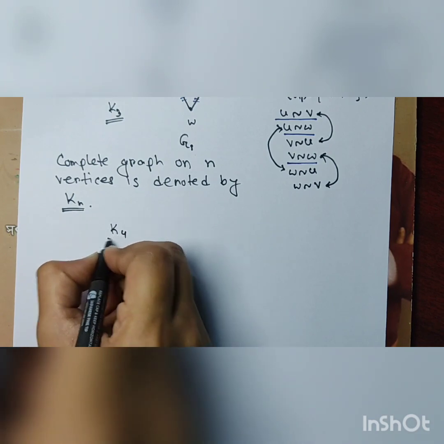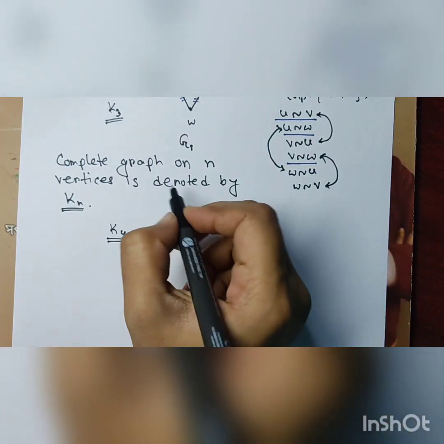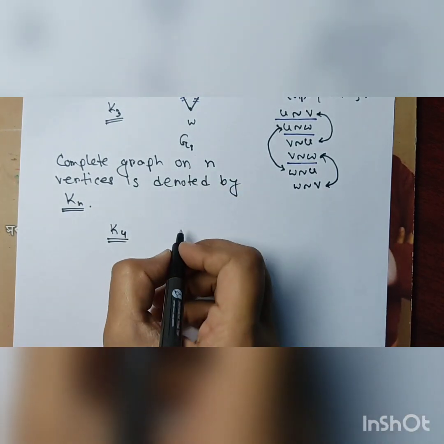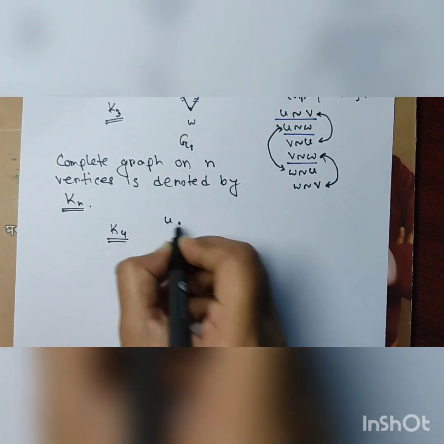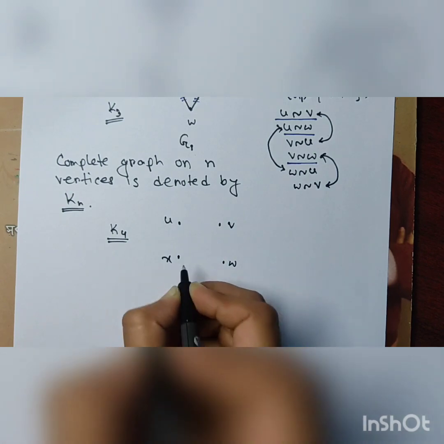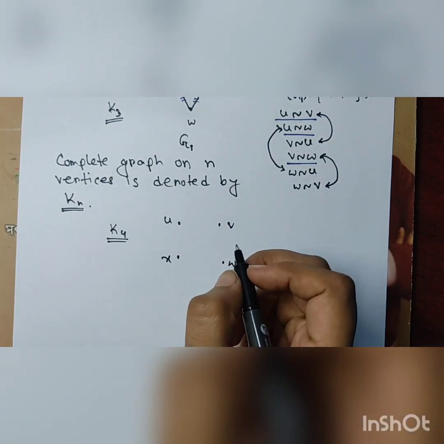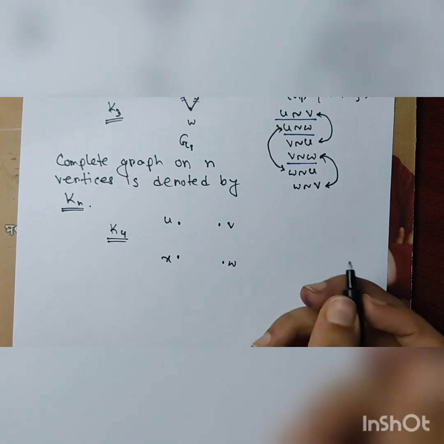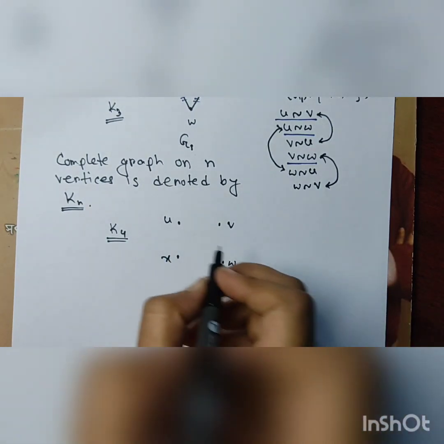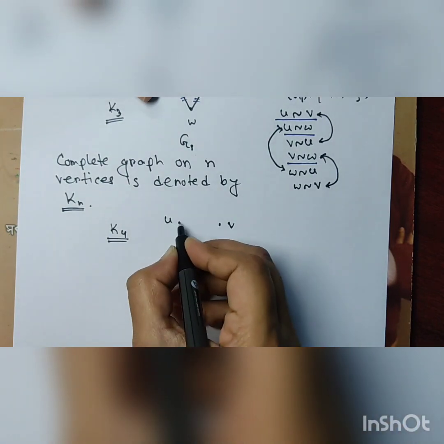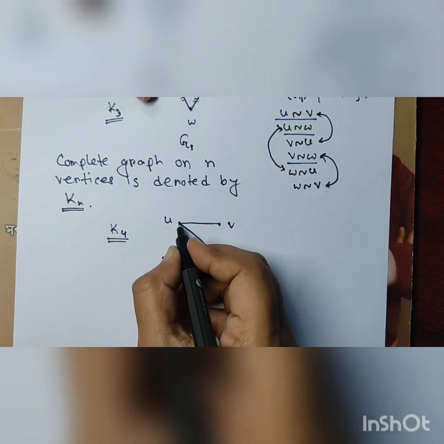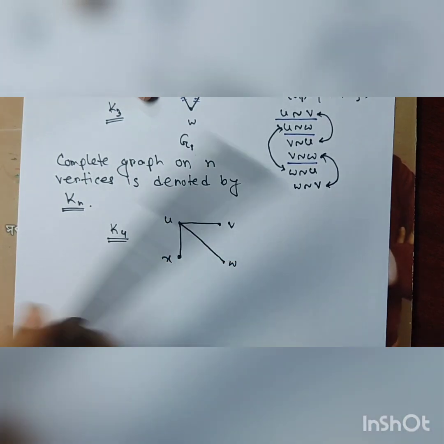So now we will discuss K4. As per the notation, there will be four vertices. Let us denote them u, v, w and x. As per our definition of a complete graph, each vertex will be adjacent to all other vertices. So u will be adjacent to v, w, and x.